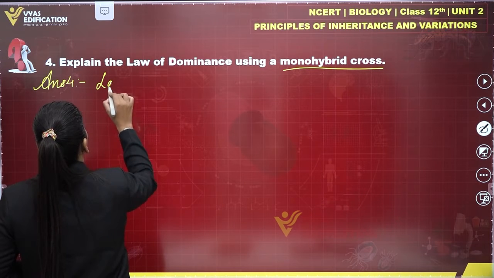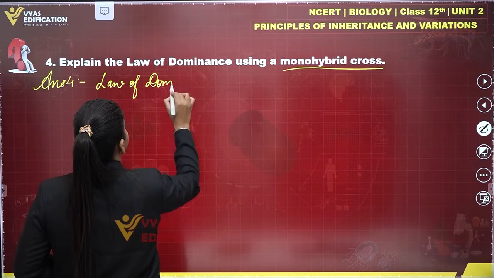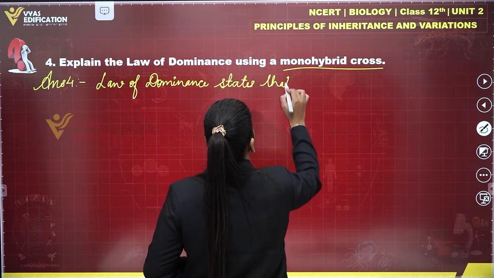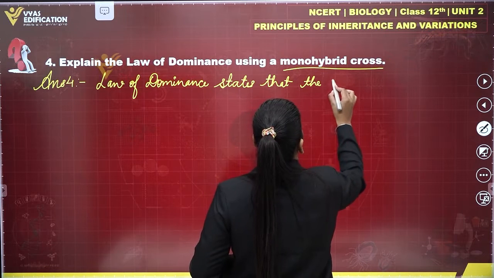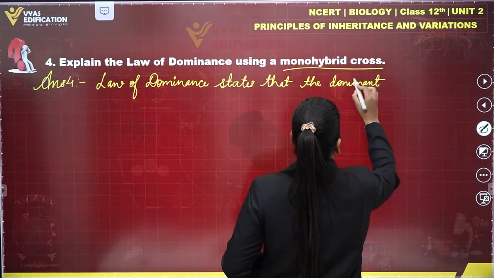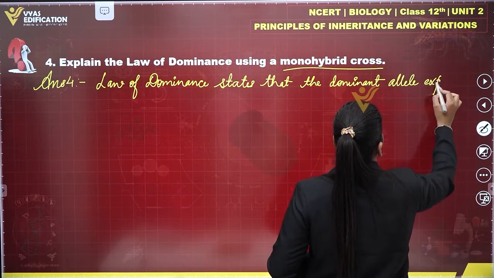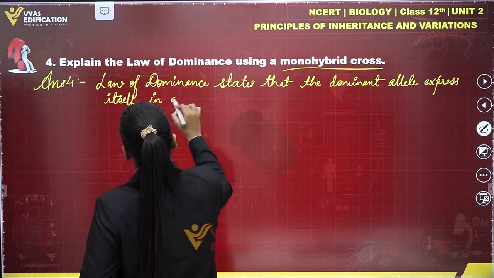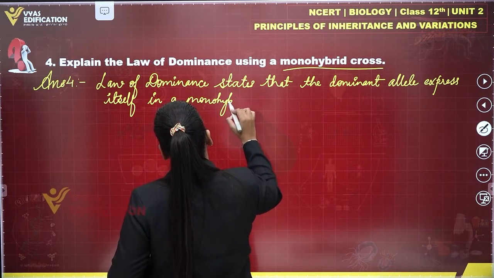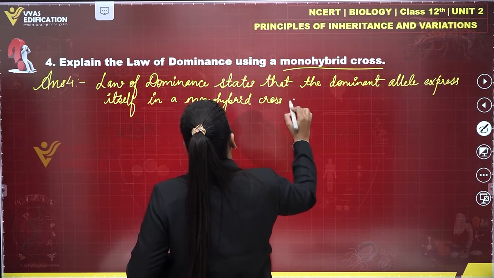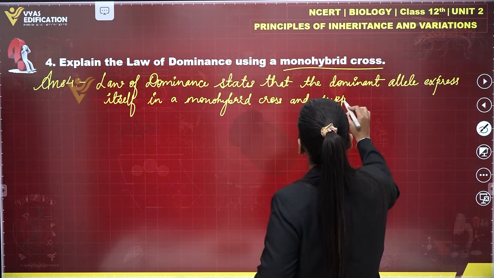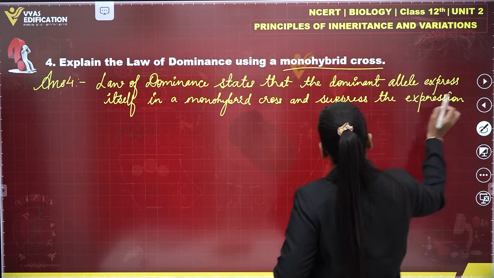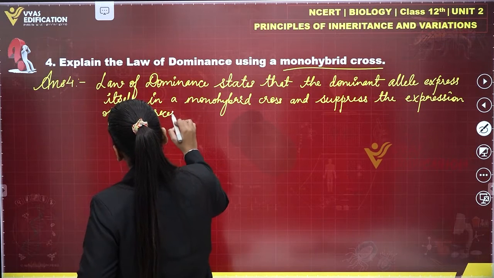So first of all, law of dominance states that the dominant allele expresses itself in a monohybrid cross, and suppresses the expression of a recessive allele.